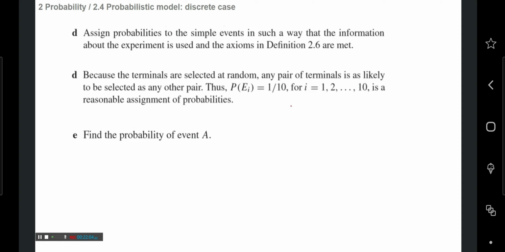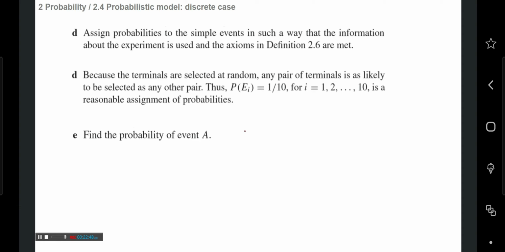Axiom 2 says the probability of the whole sample space S equals 1. We have 10 events, each with probability 1 over 10, so summing them gives 1, and axiom 2 holds. For axiom 3, you can manipulate the events and check that it holds with this assignment.